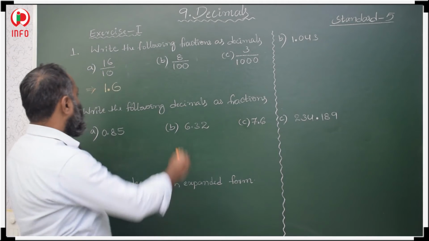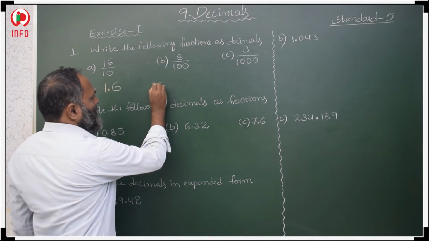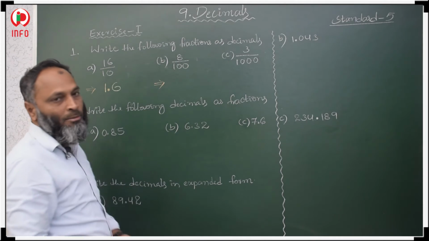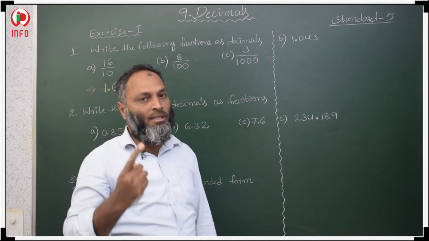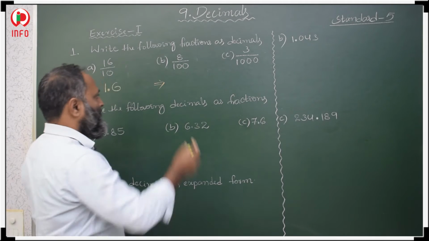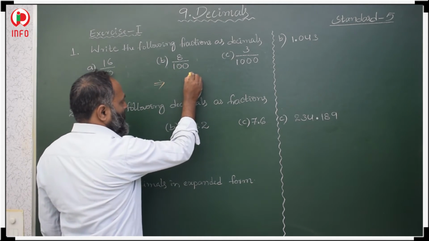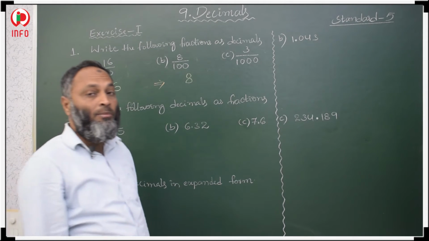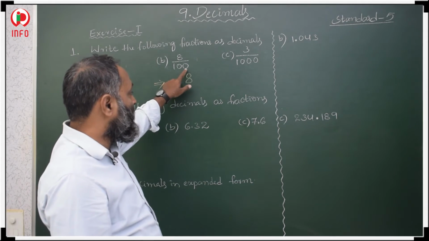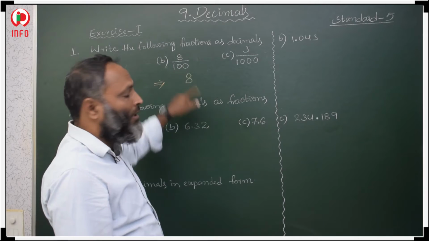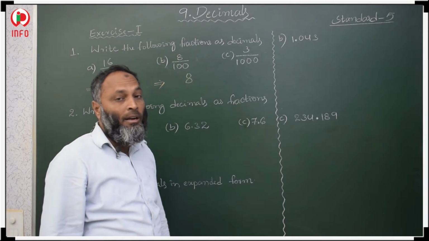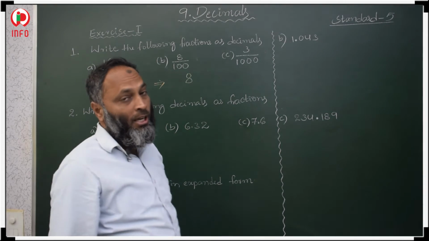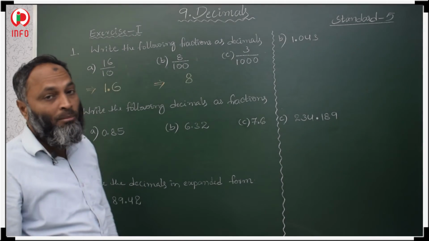Next, here 8 by 100. So what is the first step? First we should take the numerator 8. The second step, how many zeros are there in the denominator? In the denominator 100 means we have 2 zeros. It means after 2 digits we keep a decimal.